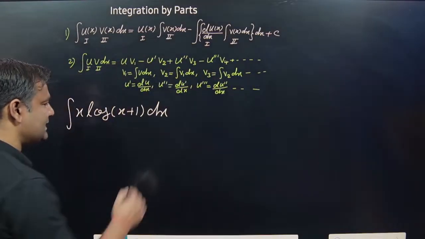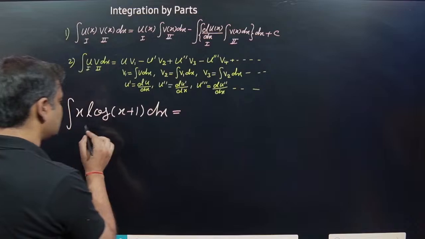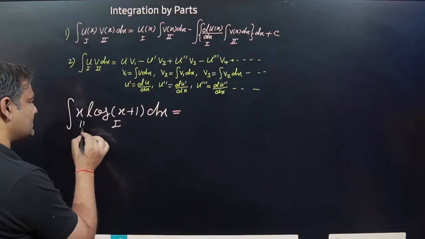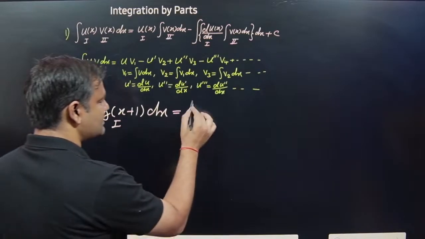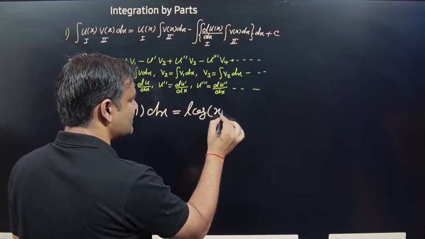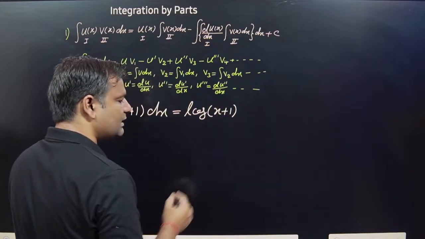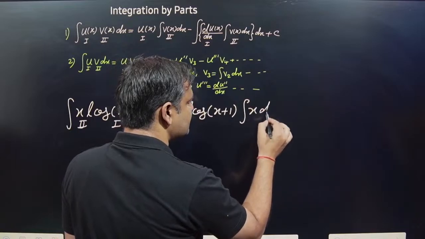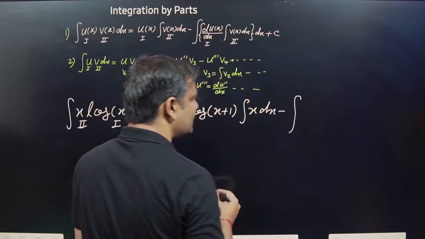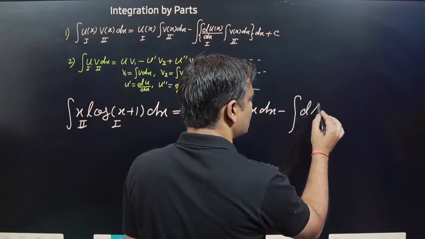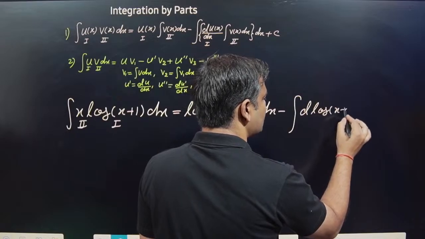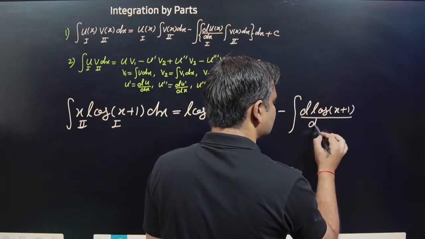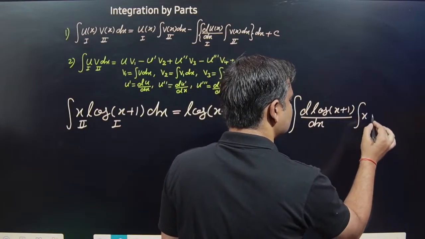So you can say that log of x plus 1 is taken as the first function and x as the second. So first means log of x plus 1 into integration of x dx, minus the integration of the differentiation of log of x plus 1 with respect to x into the integration of x dx.